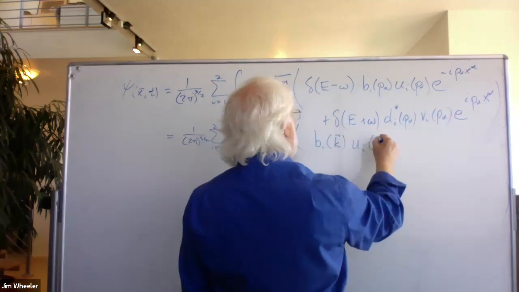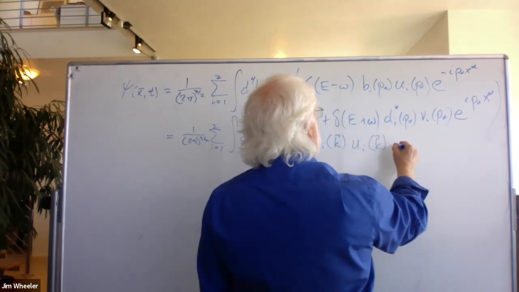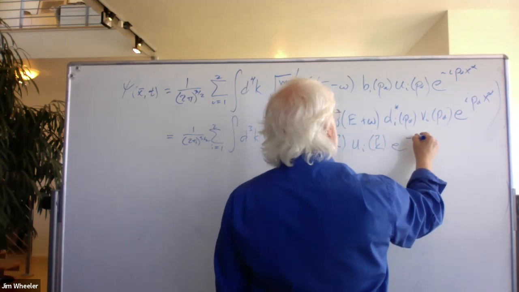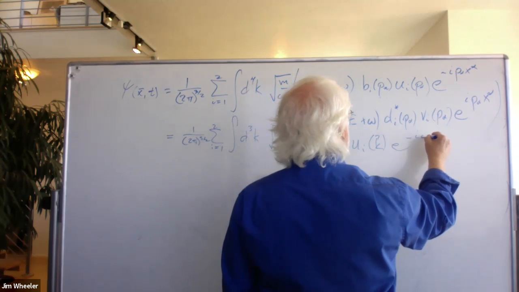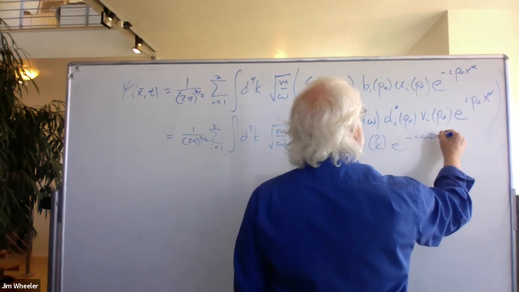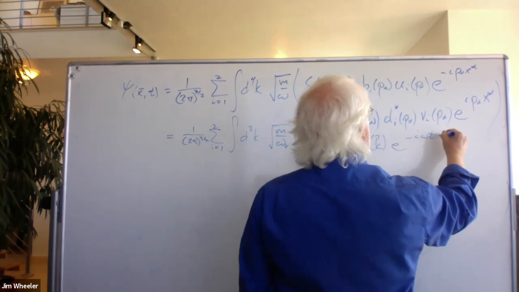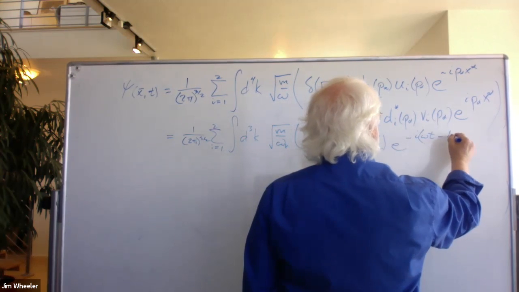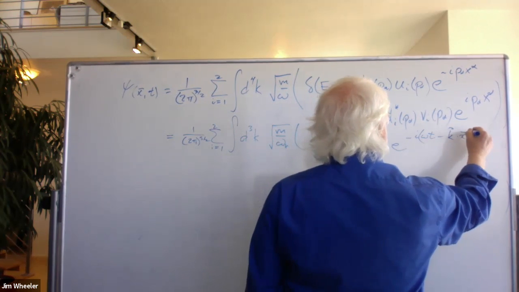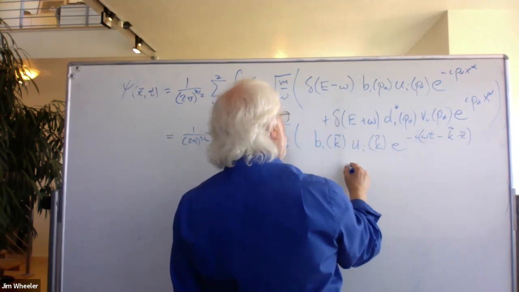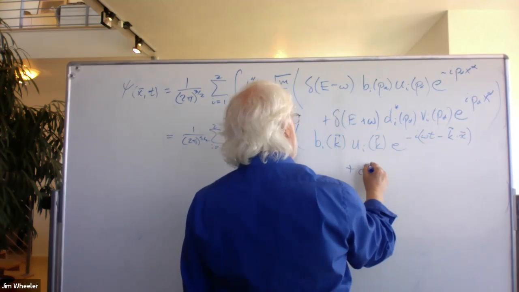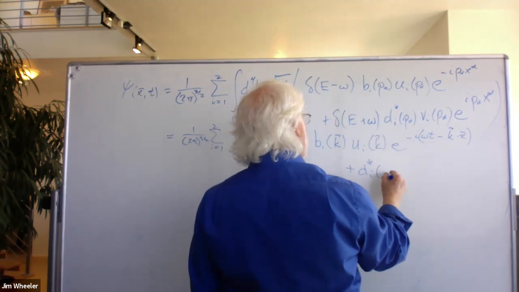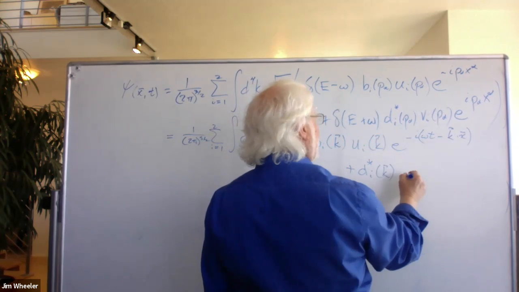u_i of vector k, e to the minus i omega t minus k dot x. And then the second one becomes still the conjugate, just depends on k.